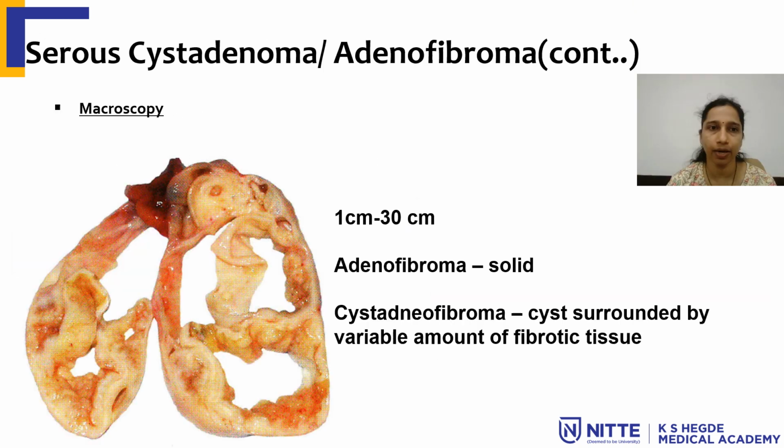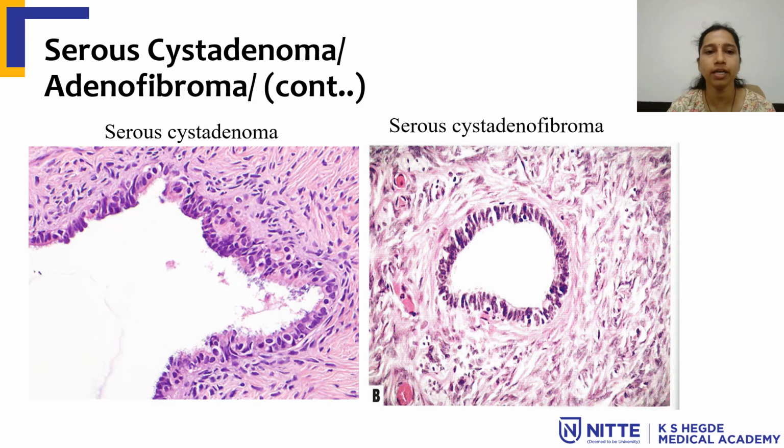So coming to benign serous tumor. Cystadenoma is a predominantly cystic tumor and adenofibroma is a predominantly fibrous tumor. The size of these tumors can range from 1 centimeter to 30 centimeters. They can be multicystic or a single cyst having clear serous fluid. On histopathology, they will be cysts lined by fallopian tube-like epithelium surrounded by fibrous stroma.